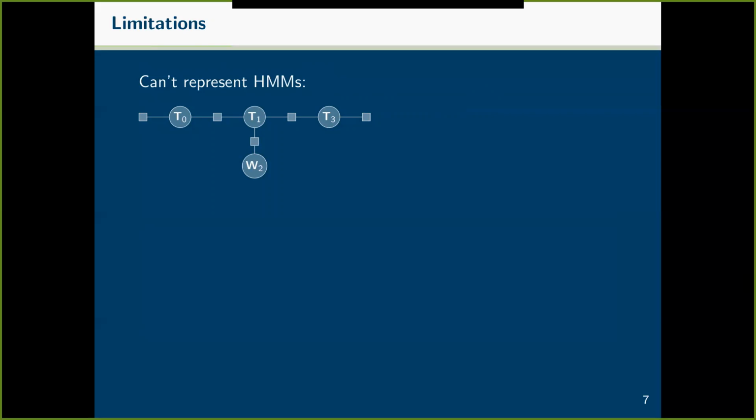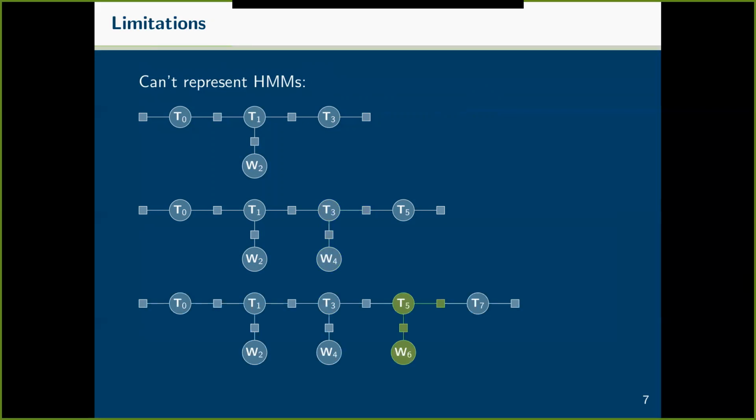Those aren't super important. What's important is that this factor graph here can only represent sentences of length 1. And if you want to represent sentences of length 2, then you have to add another word and tag. And if you want to represent sentences of length 3, you have to add yet another word and tag. So there is not one single factor graph that can represent every structure generated by the HMM.